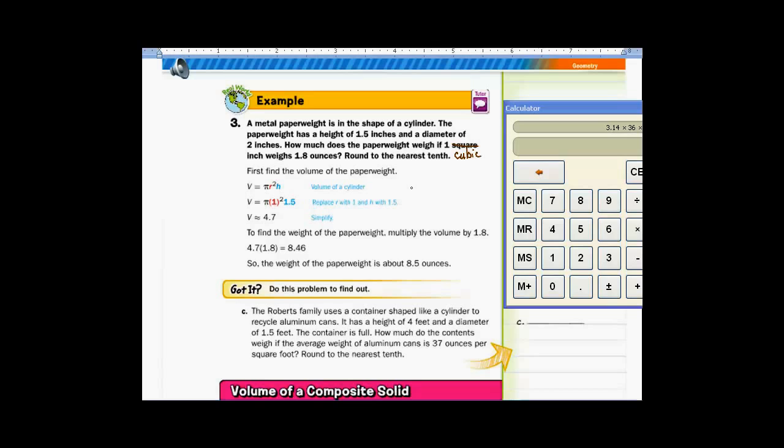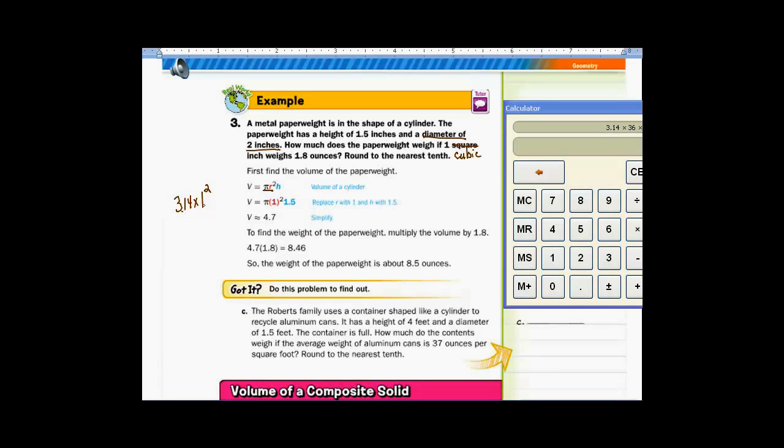So the first thing you have to do is find the volume of the paperweight. So pi times radius squared times the height. I'm going to do 3.14 times radius squared. If the diameter is 2 inches, then the radius has to be 1, right? Radius is half of the diameter.